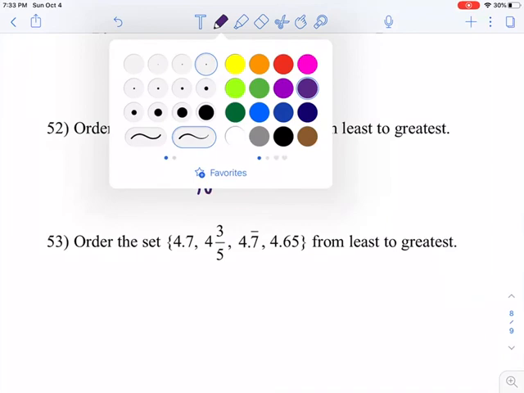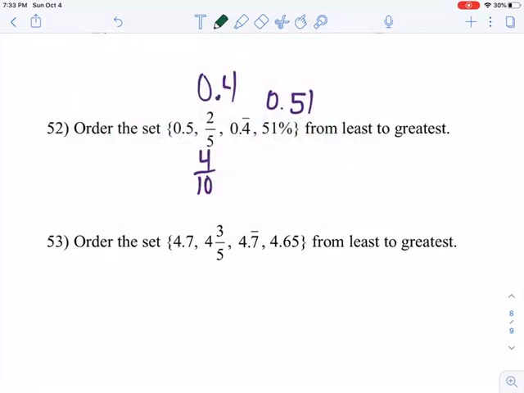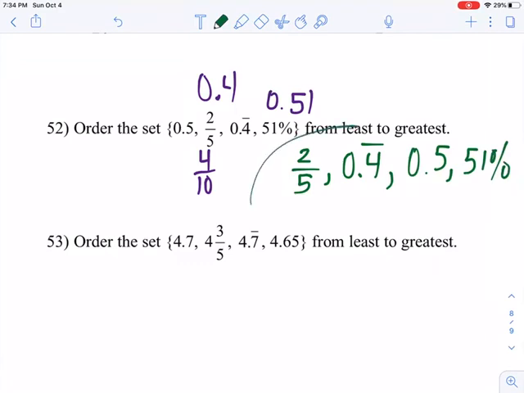And then you could put them in order from smallest to greatest. And when you put them in order, put them in their natural order. So 2/5 would be the smallest because it's 0.4. Then you'd have 0.4 repeating come next. Then you would have 0.5, and then you'd have 51%. So when you rewrite them, write them in their natural state.